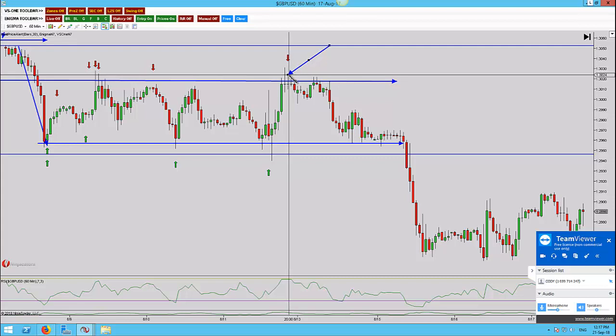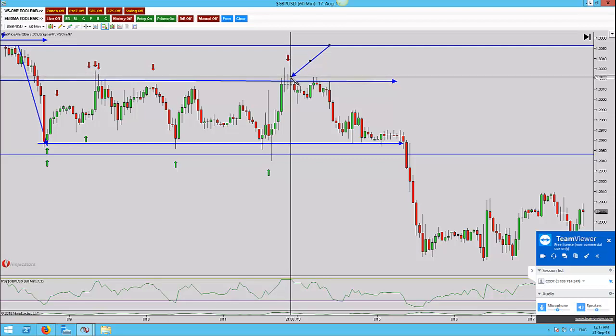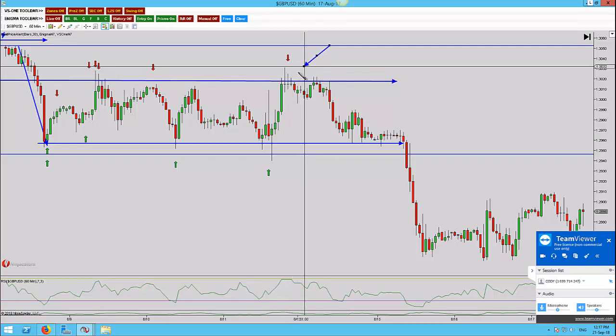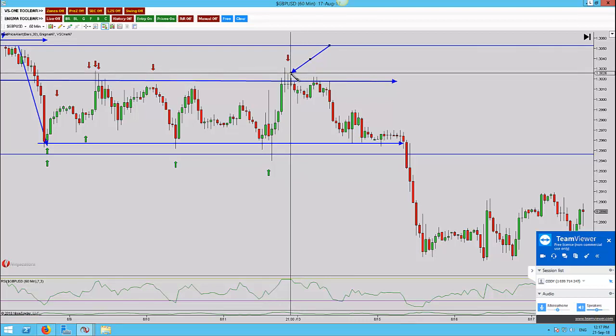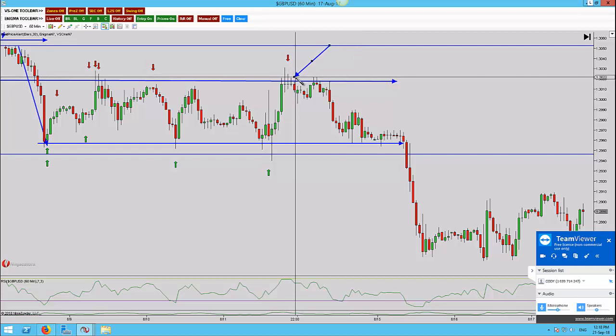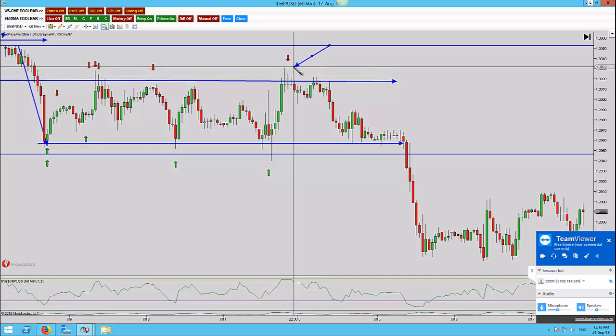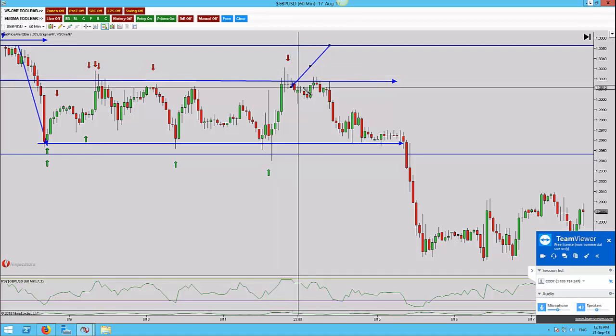Straight after it, what do we have? This one here. We've got 3 dojis. Yeah, 3 dojis, clear indecision. All 3 of them are showing big wicks to the top, and all rejection, then followed by a lower low, lower close.